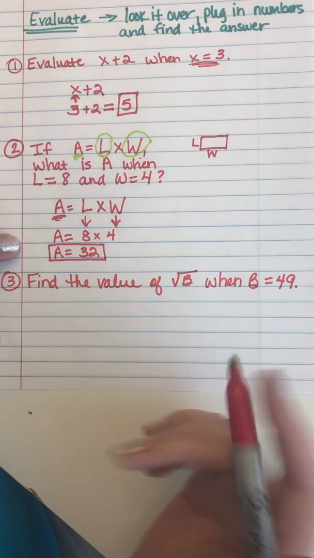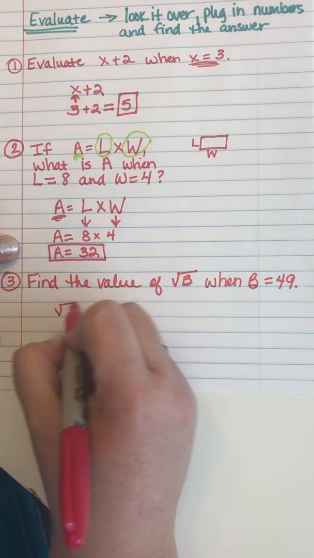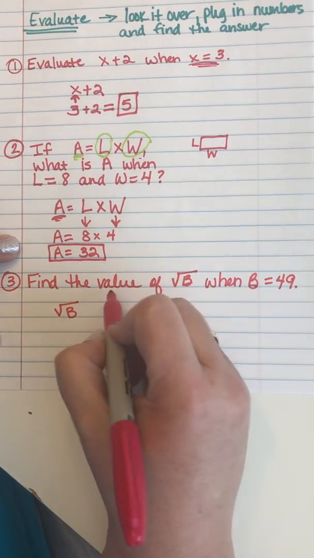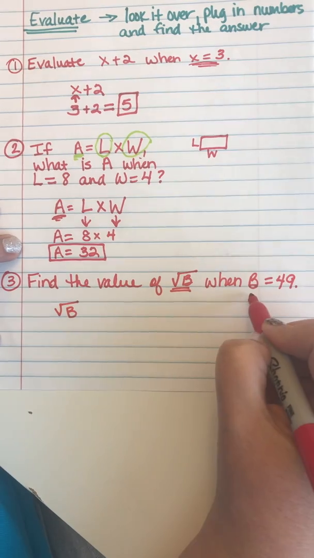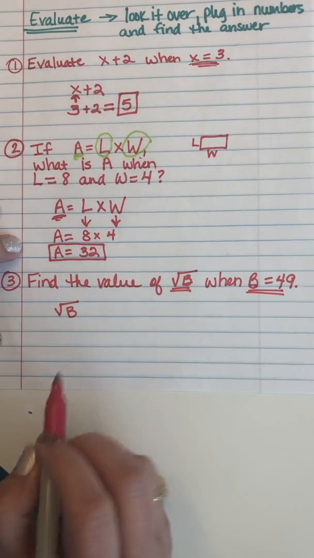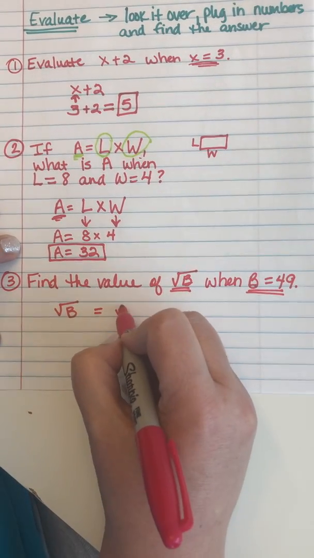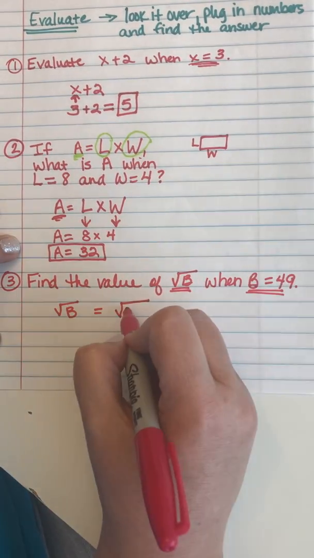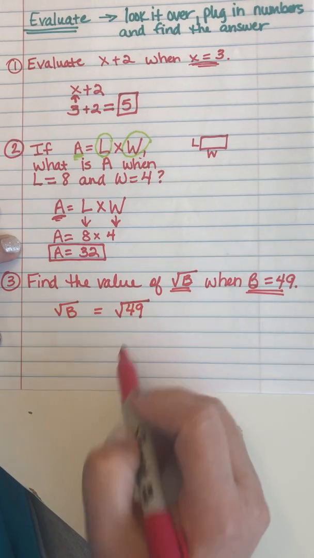Okay, so find the value of the square root of B. It gives me that formula, and then it tells me B equals 49. So I'm just going to take that B number and plug it right in. B equals 49. Now it is the square root of 49.